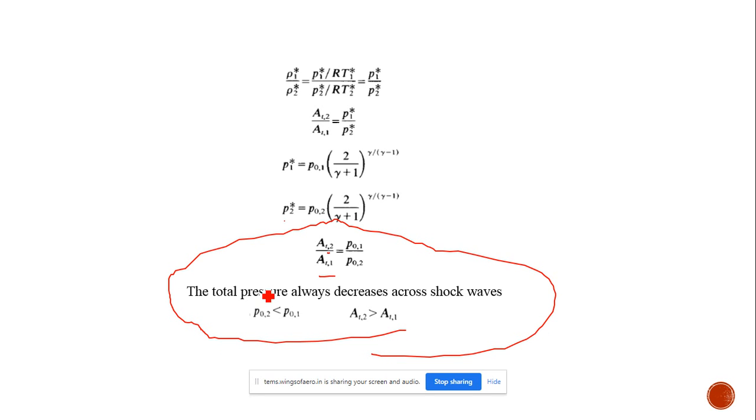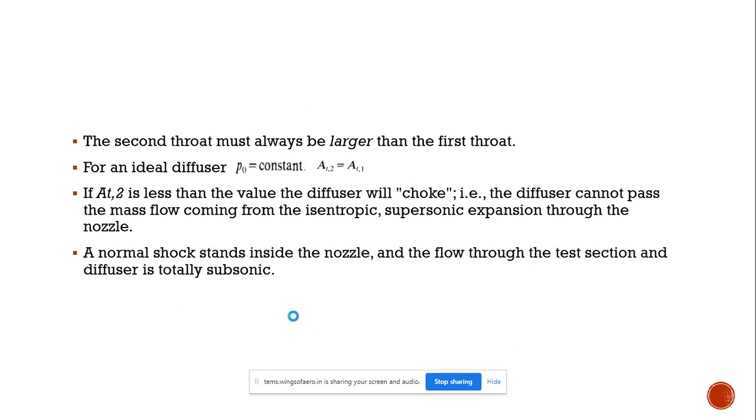So just note this: At2 divided by At1 equals p01 divided by p02, that is the stagnation pressure upstream, at the nozzle throat, divided by the stagnation pressure at the second throat. This one will always be greater.